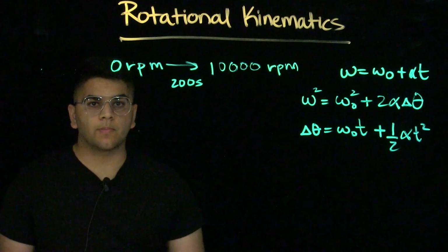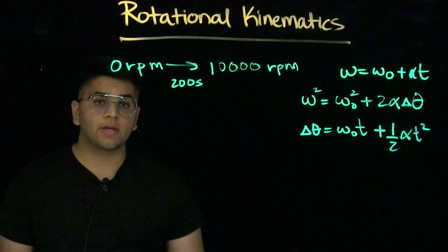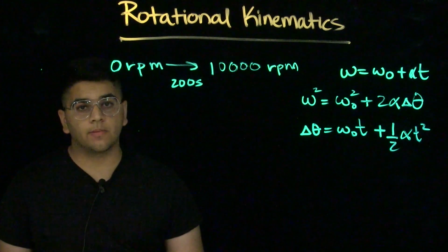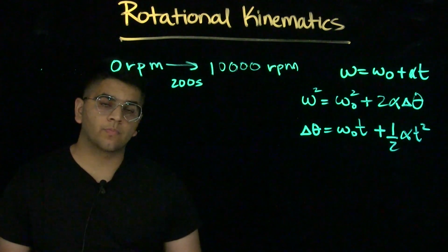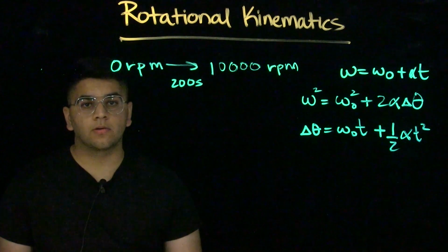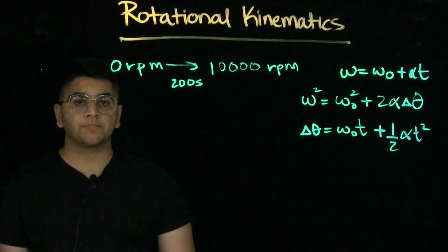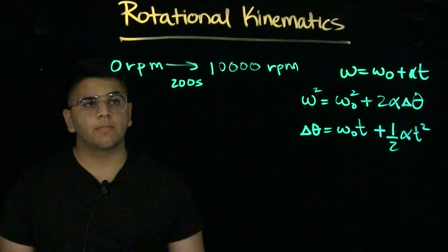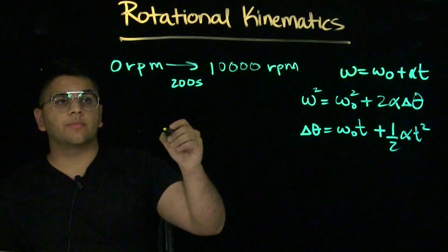Let's consider this example. Let's say we have a centrifuge that is initially at rest and then is accelerated to 10,000 RPM in 200 seconds. We want to know the angular acceleration for the centrifuge. So let's get started. First, let's list out all of the known variables.